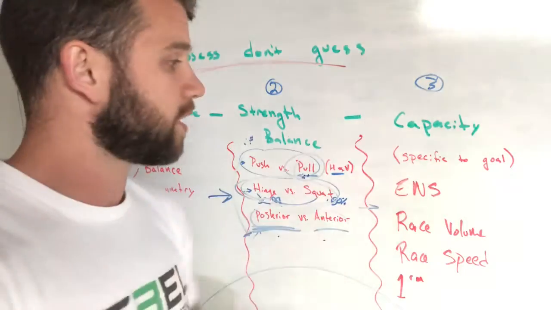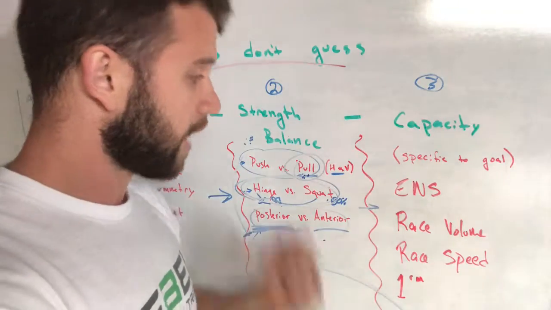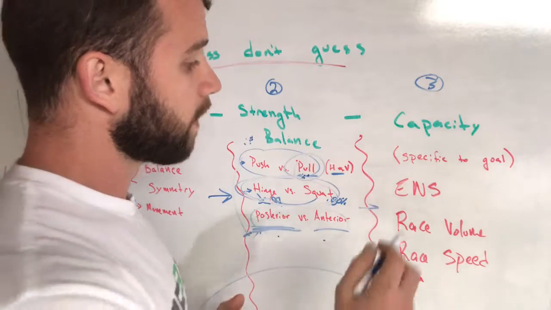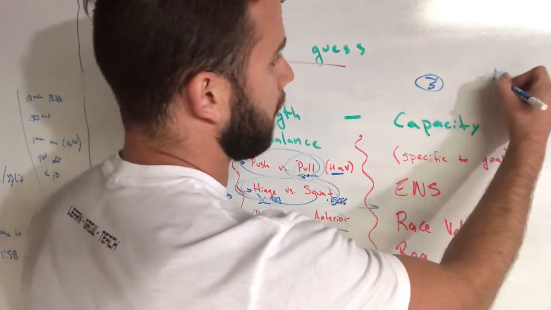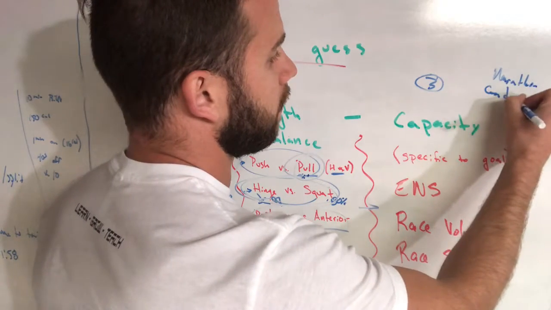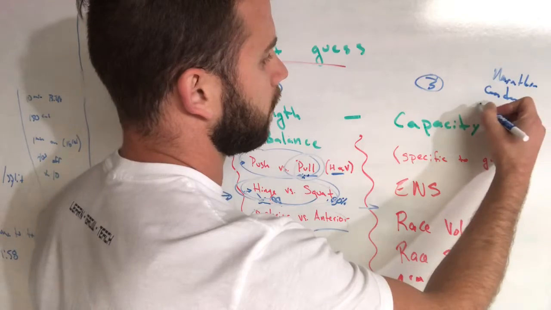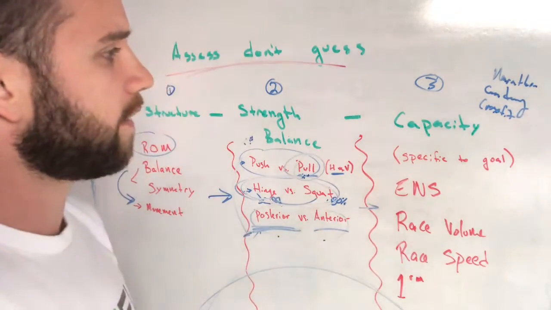Like that's what's important to me. That's going to be, we're testing capacity very, very different. Or even if it's CrossFit. So we have marathon, we have gardening, and then we have CrossFit. Know that those things are very different.